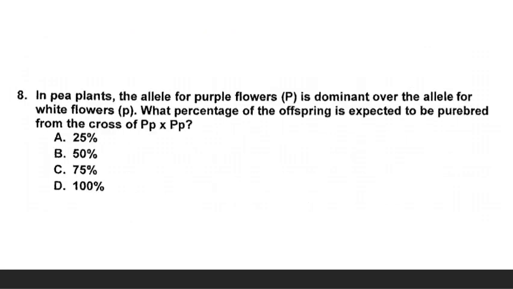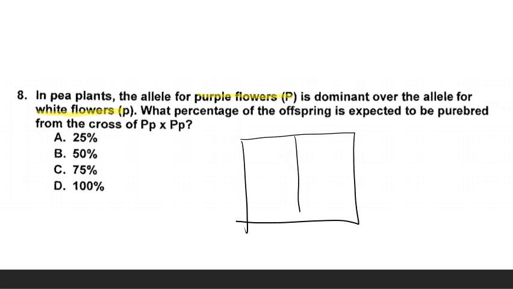Number 8. In pea plants, the allele for purple flowers is dominant to the allele for white flowers. What percentage of offspring is expected to be purebred from the following cross? So you're going to draw out a Punnett square for this one. We draw our box, and then we're going to plug in these paired alleles.